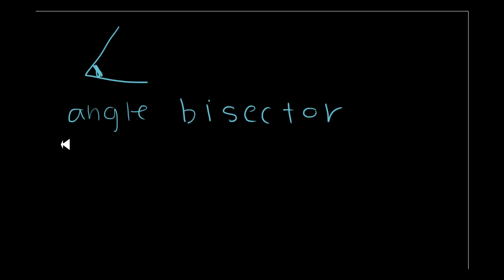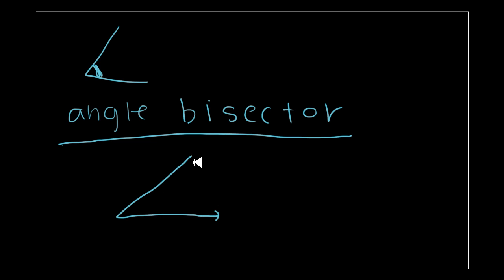Angle bisector. Okay, so let's say I give you this angle. This line, A, B, and let's call this point O. The angle bisector is the line between the angles that evenly splits these two angles into congruent angles. So suddenly, line C pops out, and this line C splits the angle into two of the same angles.